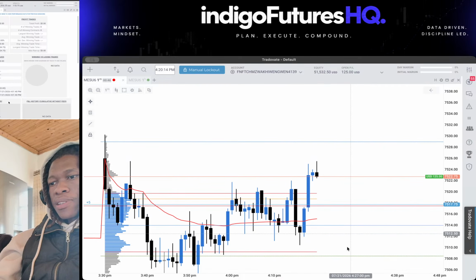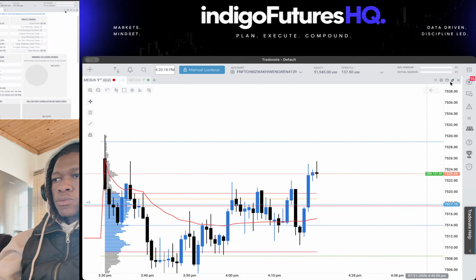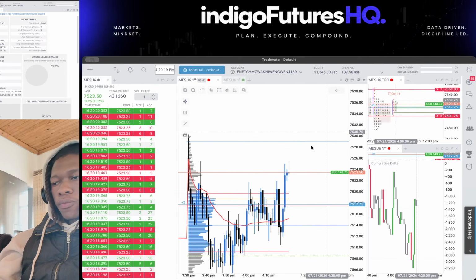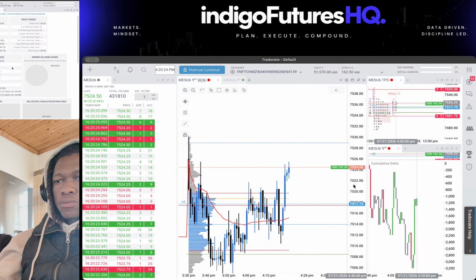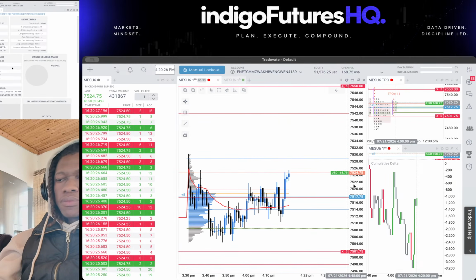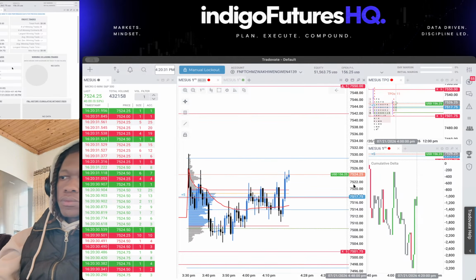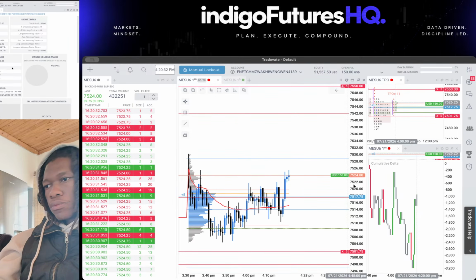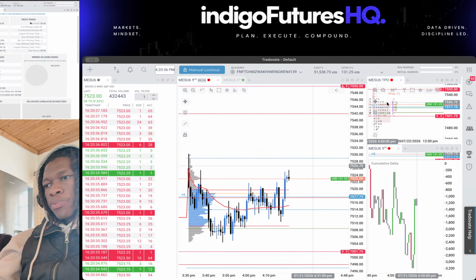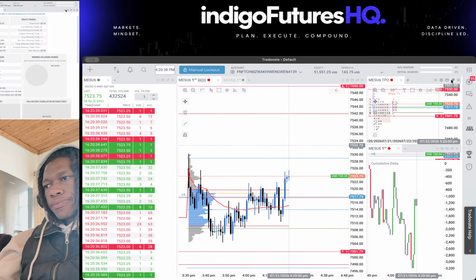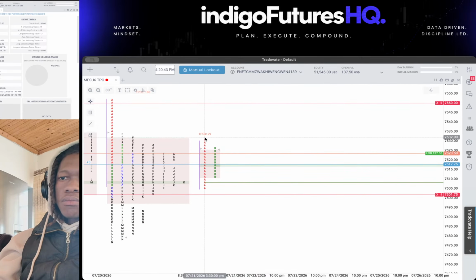As I was saying, as long as we're inside value, cool. And then a B print on top of these A's, that would be pretty cool.